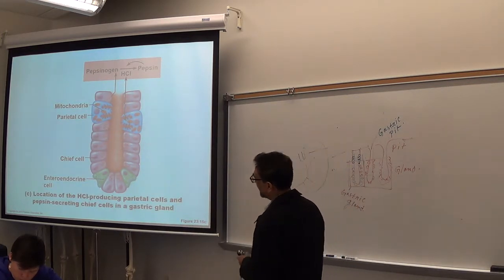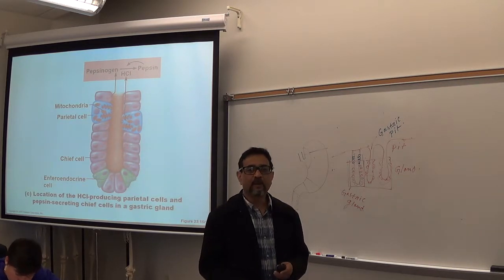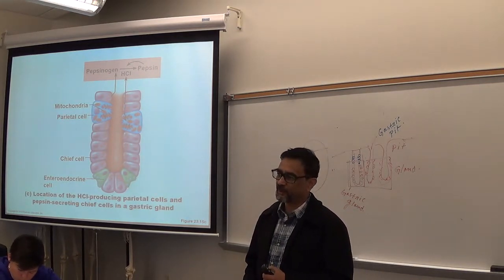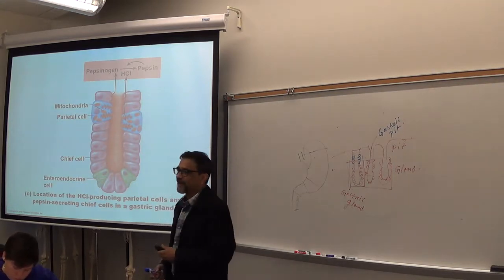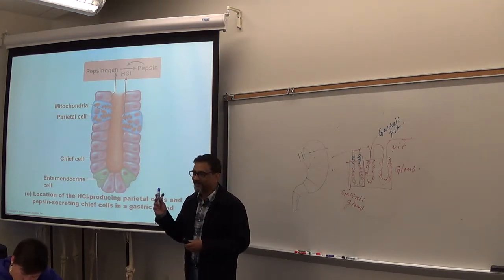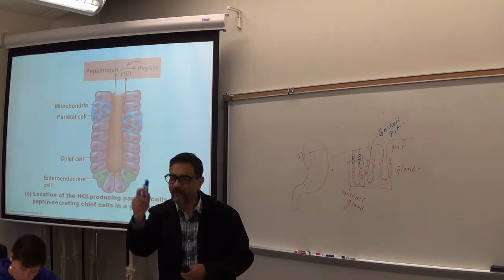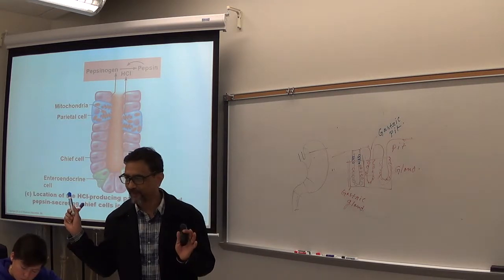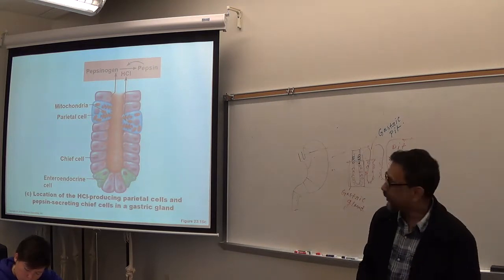So you see here in this picture, hydrochloric acid works on the pepsinogen and converts it to active pepsin. Then the active pepsin also works on inactive pepsinogen to convert more inactive pepsinogen to active pepsin, right? So that's how we get pepsin.